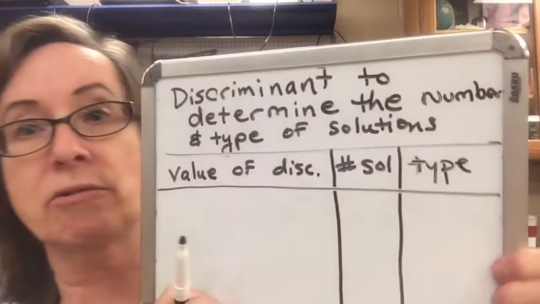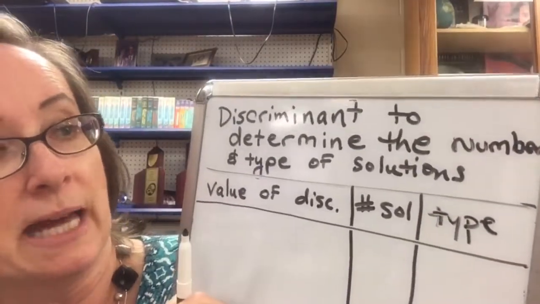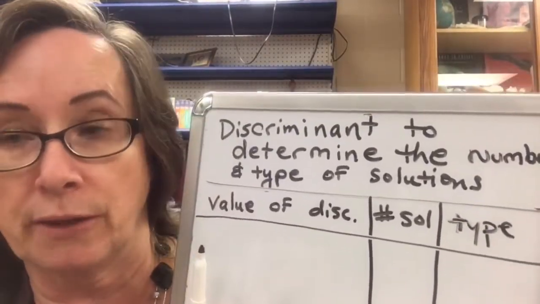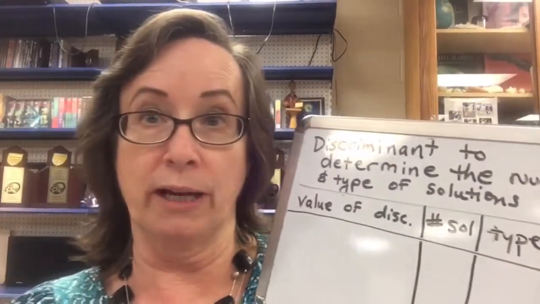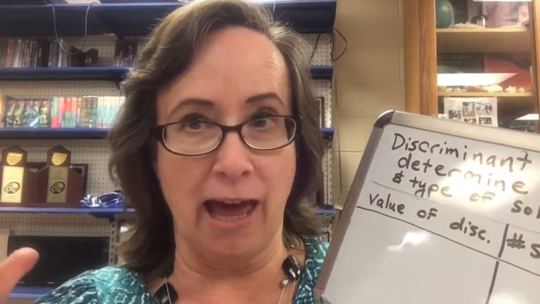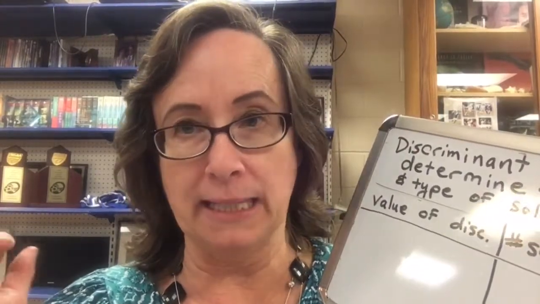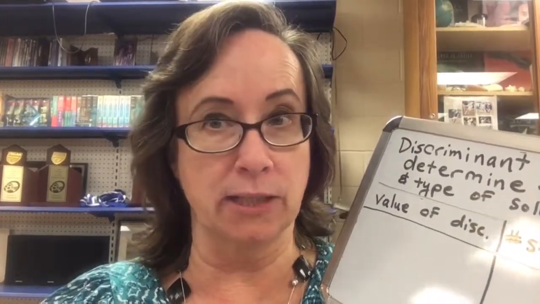Okay, so we're going to use this discriminant to determine the types of solutions and the number of solutions that we're going to have. Now, I have told you that in a past life, a long time ago, I was a programmer out on the base and I programmed missiles.